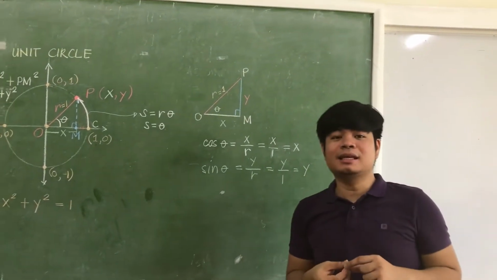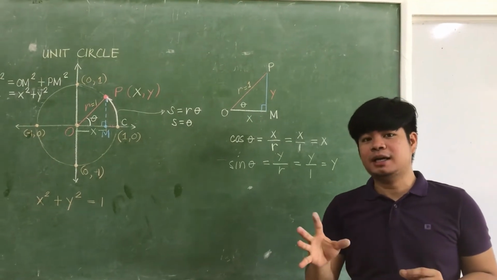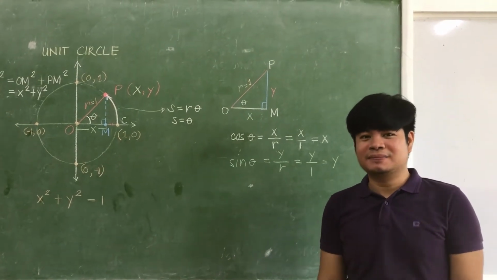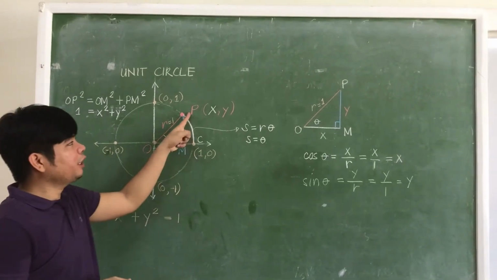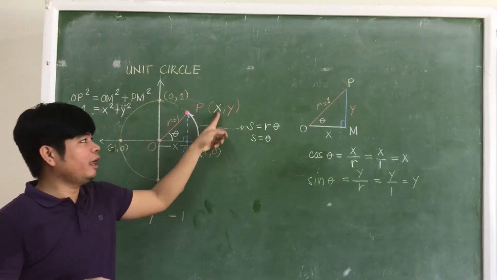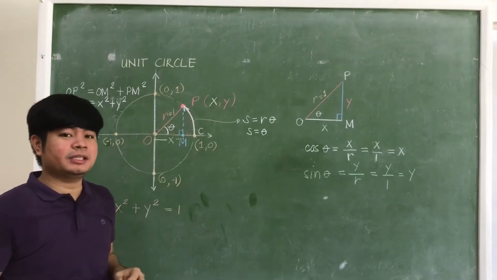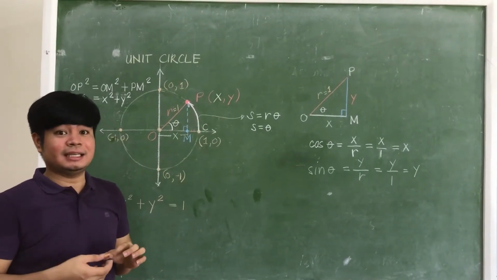So what is the implication of the cosine and that of sine? It means that the coordinates of point P, which are x and y, can now be represented using cosine and sine.